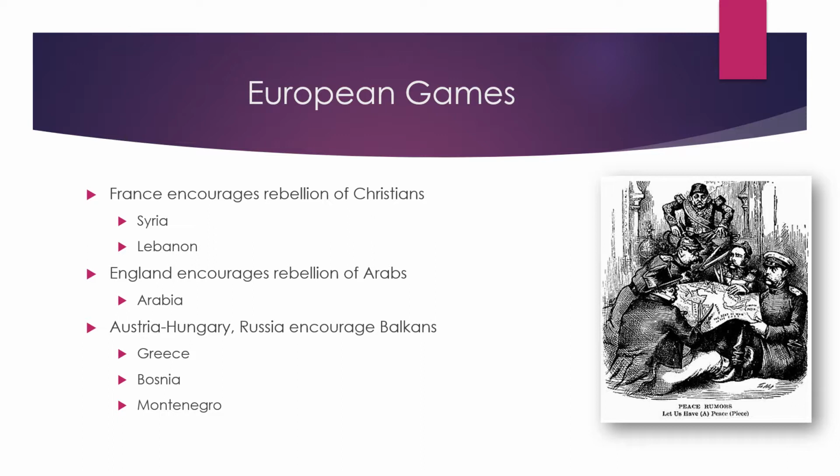They capture Crimea and other places as well. So essentially, although theoretically the Europeans are there to quote unquote help the Ottomans, their help is not a very good one. It's kind of a frenemy situation.